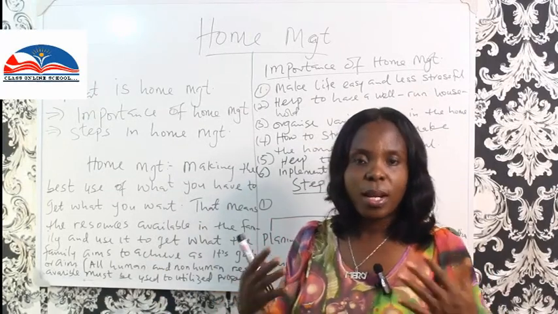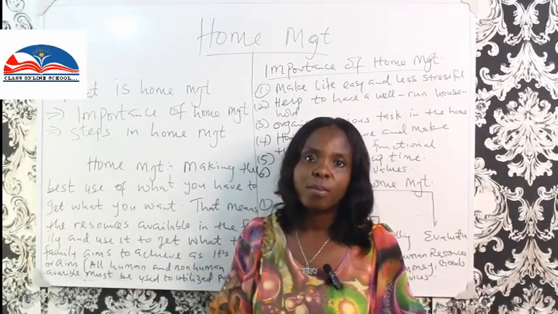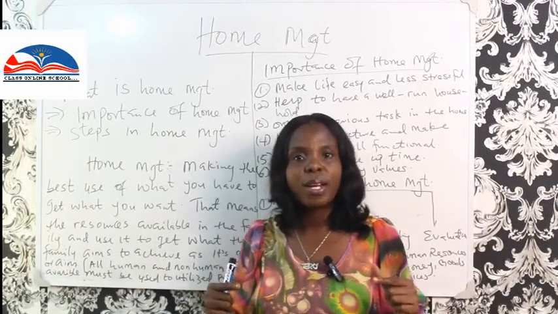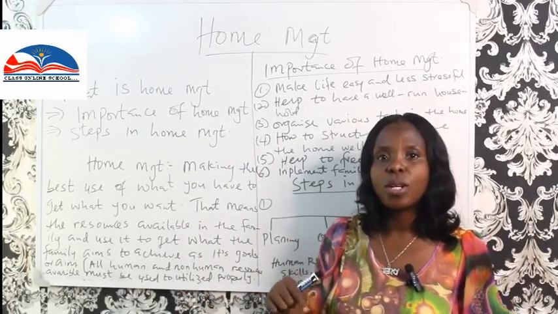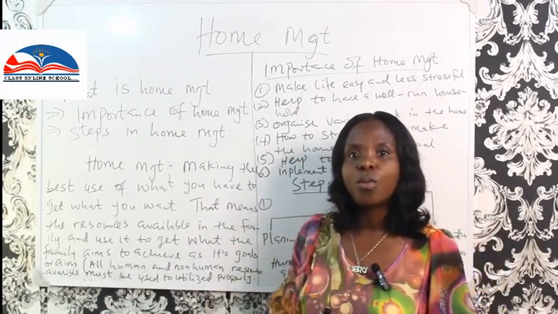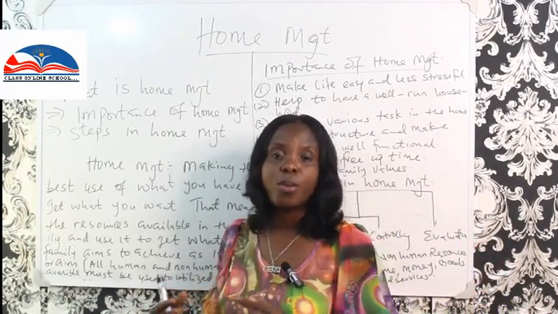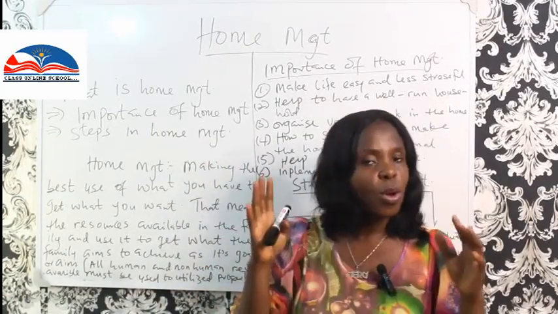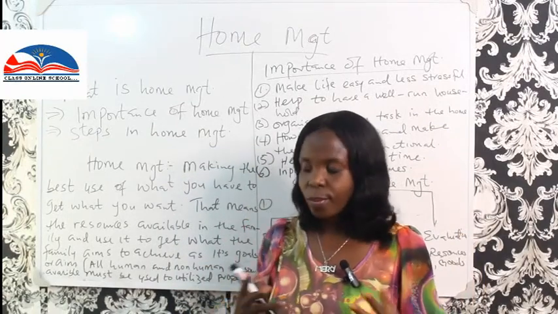That's why we require home management in order to manage our home effectively. Both human and non-human resources are required to run the home, and we use both to achieve the goals, objectives, and aim of the home.